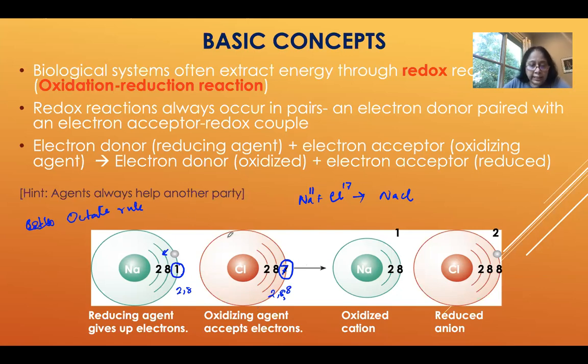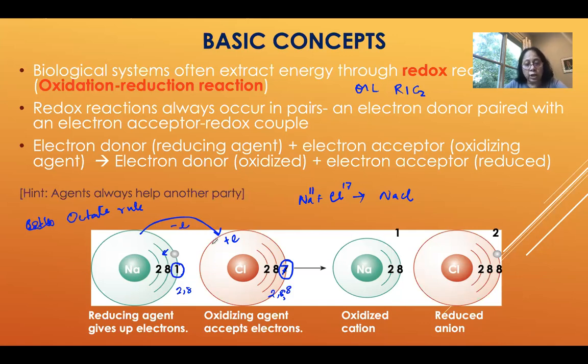So in this case, sodium is going to donate 1 electron to chlorine, and chlorine is going to accept that electron, and our definition is OIL RIG. Oxidation is losing, so oxidation means losing. So over here, sodium is losing an electron, and this is the process.